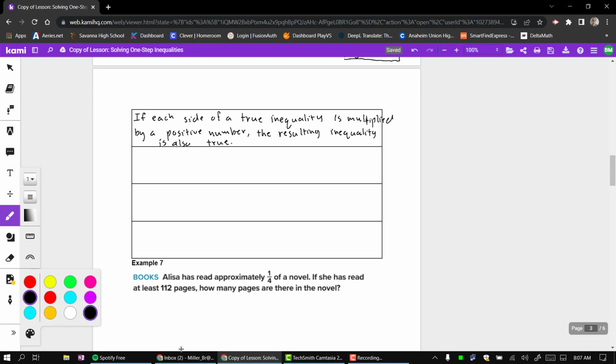So what does that look like? So if A is greater than B, then A times C is going to be greater than B times C. And then if A is less than B, then A times C is going to be less than B times C.